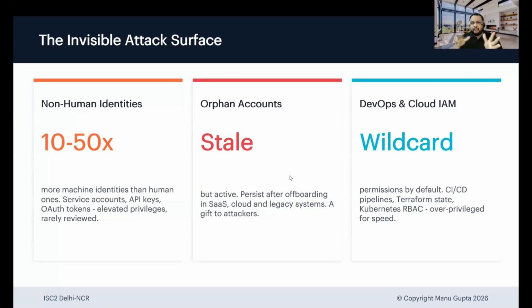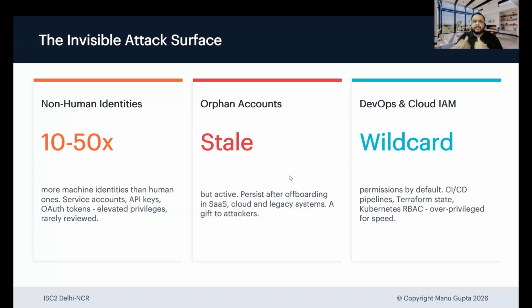They are almost never included in the access certification campaign, which is why these are the prime target for any attacker, right? Just think about it, when was the last time somebody reviewed the permissions on your CI/CD pipeline, or audited the API key to the production database, or checked whether the OAuth token that was issued 2 years ago is still in use, right? Because we follow that policy: if it's working, don't touch it, right?